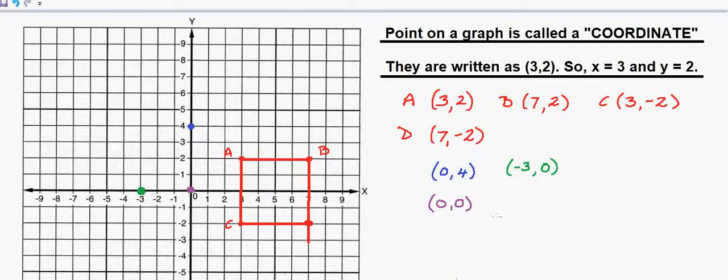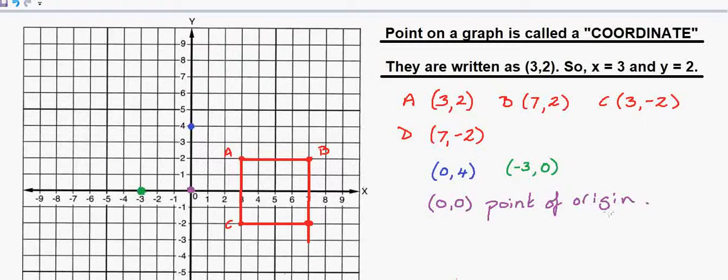Okay, now we sometimes say that it's the point of origin. Okay, so if a line passes through the point of origin, it means that it goes right through the middle where the two lines cross.